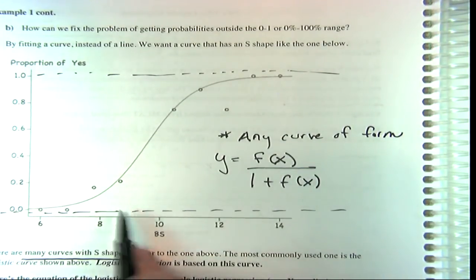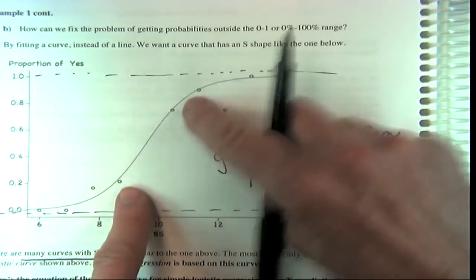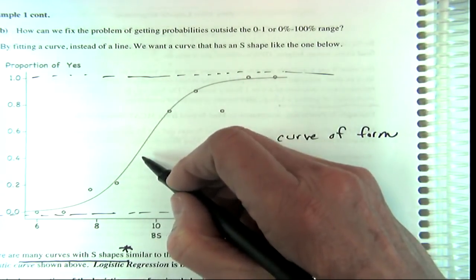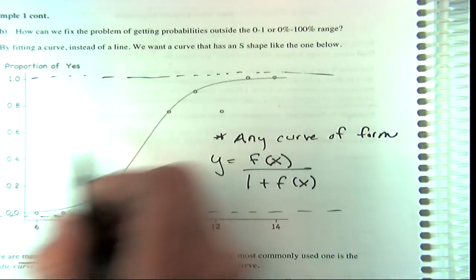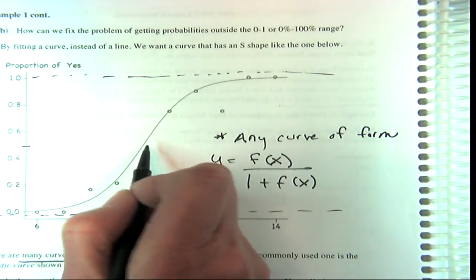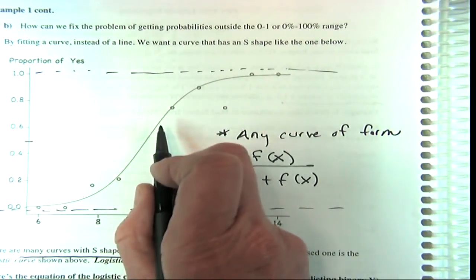Why? Look at this. Look how right in the center here, a 1 point change, this is where it's steepest, right? In fact, it's going to be steepest right here at 0.5. That's where it's absolutely the steepest.